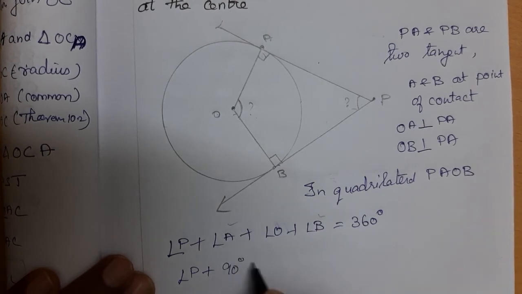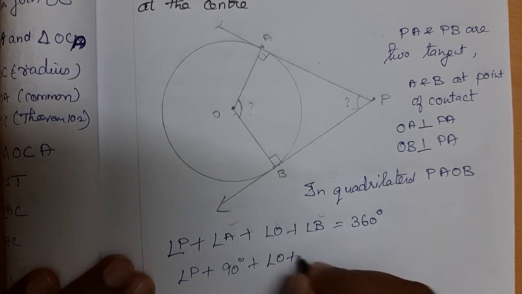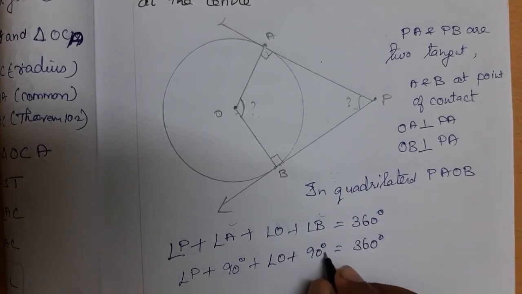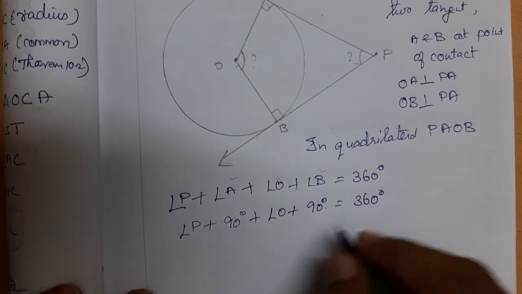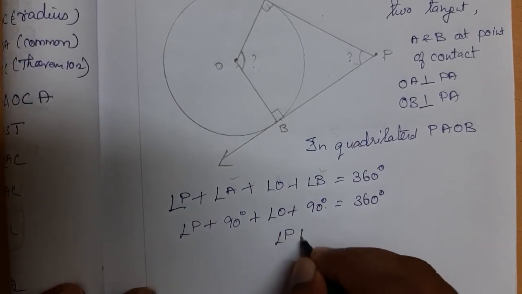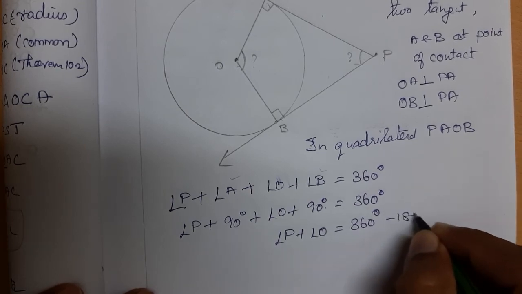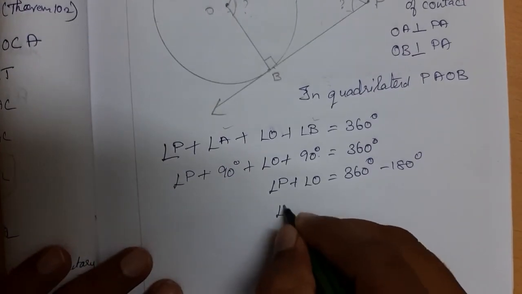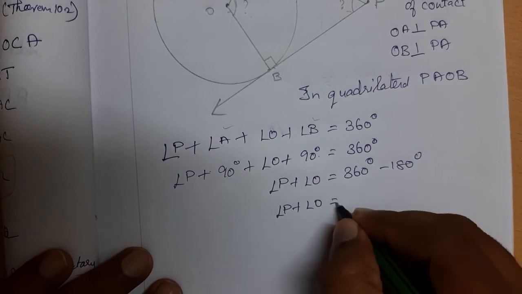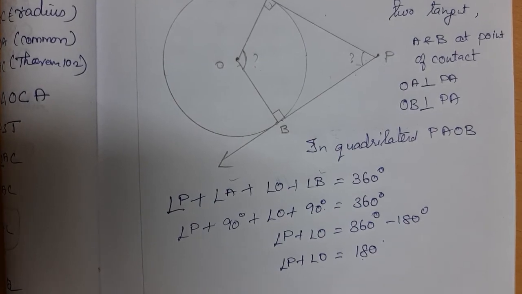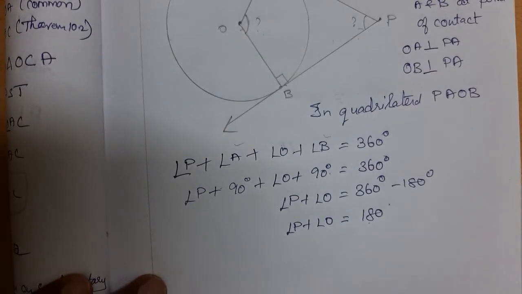So 90 degrees plus angle P plus angle O plus 90 degrees is equal to 360 degrees. 90 plus 90 is 180. Taking it to the other side, it will be subtracted. So angle P plus angle O is equal to 360 degrees minus 180 degrees. So angle P plus angle O is equal to 180 degrees. Yes. So these two angles, if we add, we get supplementary angles. Hence we have proved.